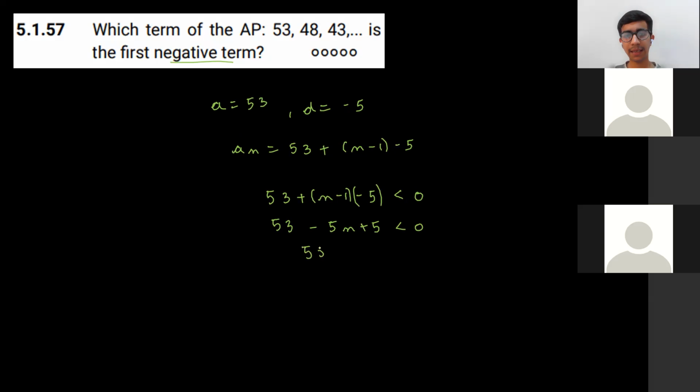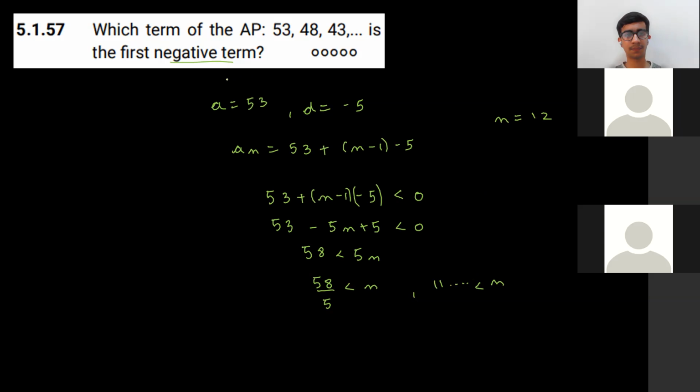So 58 is less than 5N, and 58 by 5 is greater than N... so N is greater than 11 point something. Since N is obviously a natural number because we are calculating the number of terms of an AP, N will be equal to 12, because that's the smallest natural number greater than 11 point something.